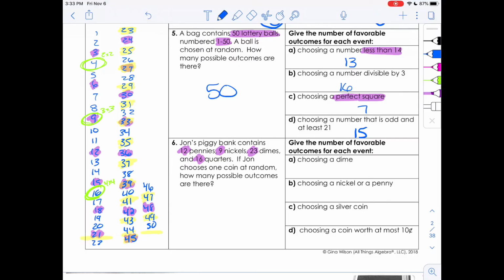So we would want to add 12 plus 9 plus 23 plus 16. And that would tell us all of our possible outcomes. Then we can use those possible outcomes to answer all of our favorable outcomes.